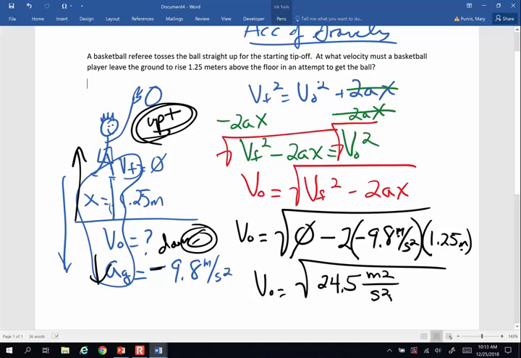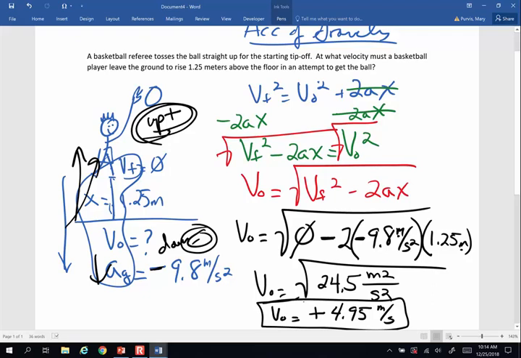And when I take the square root of that, my original velocity is going to be a positive number, as this negative and that negative cancel. It's going to be a positive 4.95 meters per second, because the square root of meters squared and second squared is meters per second. And that is the original speed that my basketball player must leave the ground to get that ball.